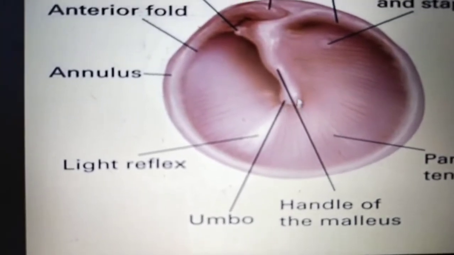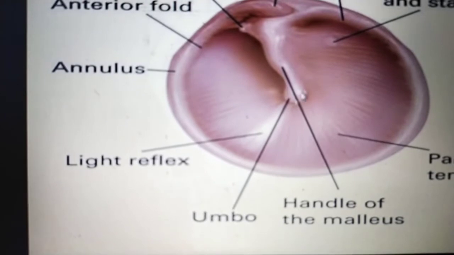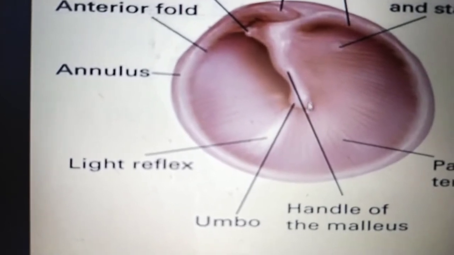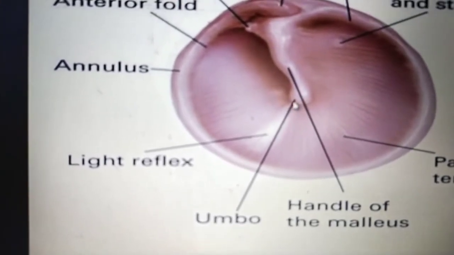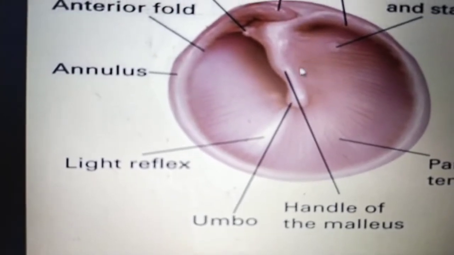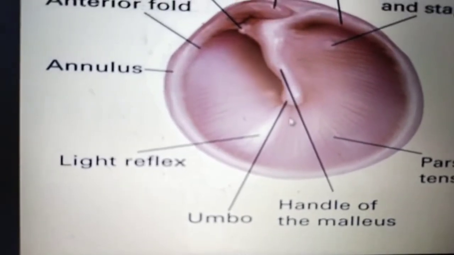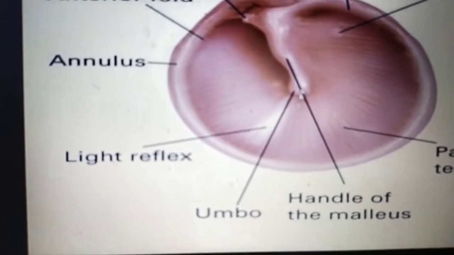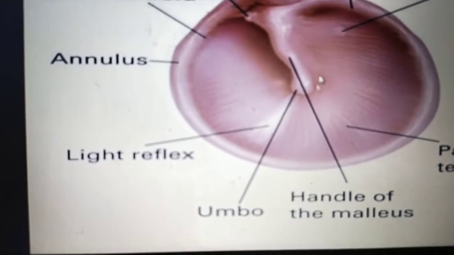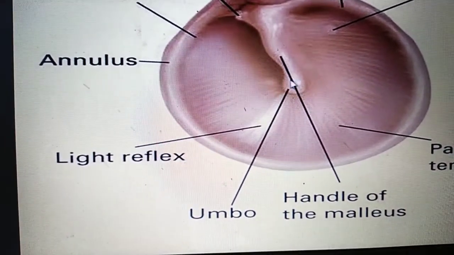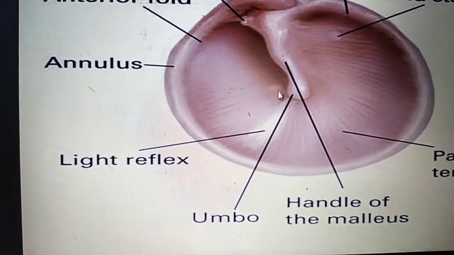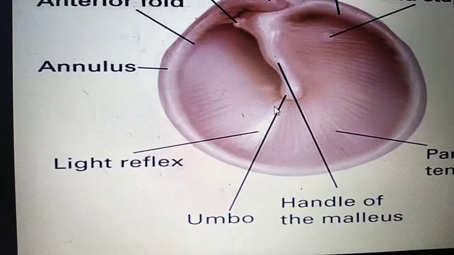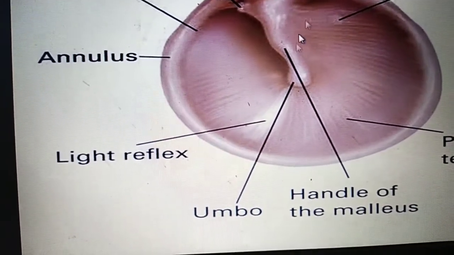It is the most depressed aspect of the concavity of the eardrum, the most centralized portion of the tympanic membrane, and it is an inward projection of the tympanic membrane of the ear.